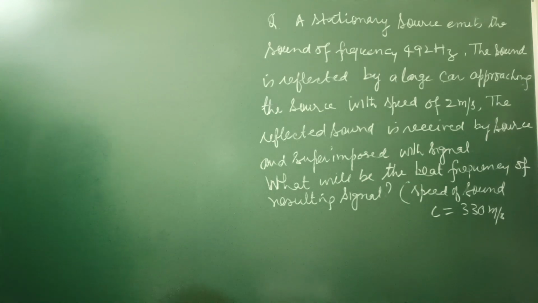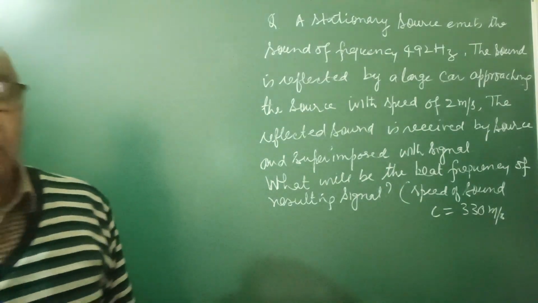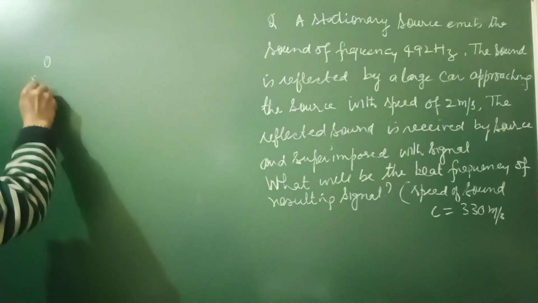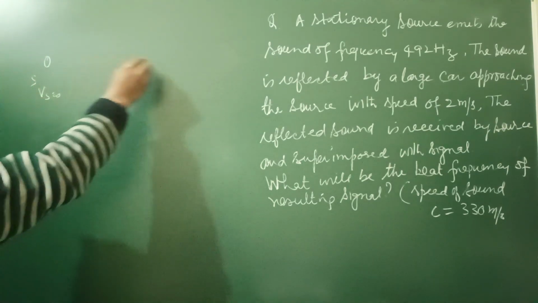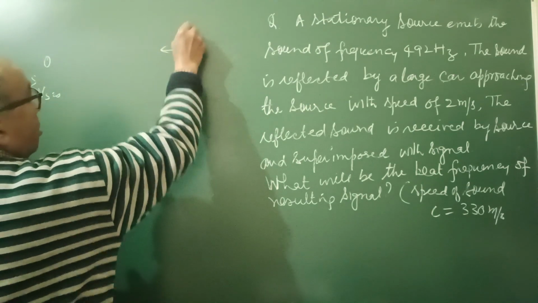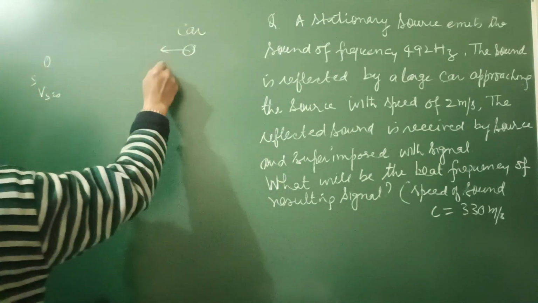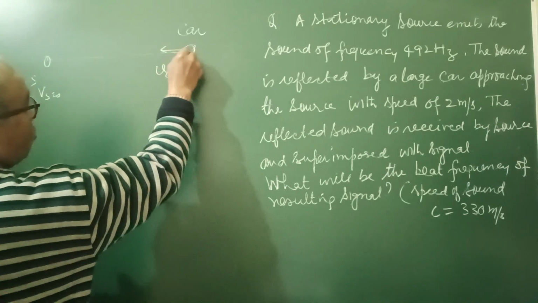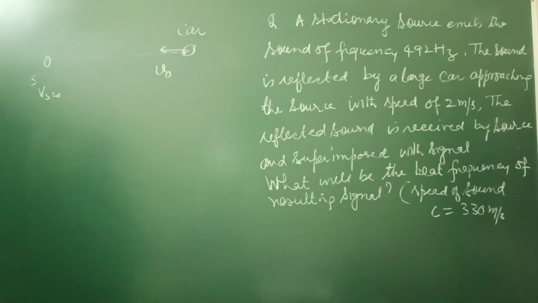So this question is important, and I have done such questions many times. The source at rest means Vs is 0, but the observer is coming. The car is moving toward the source with speed, suppose, Vo. So for the sound coming to it, the observer is moving opposite to the sound.